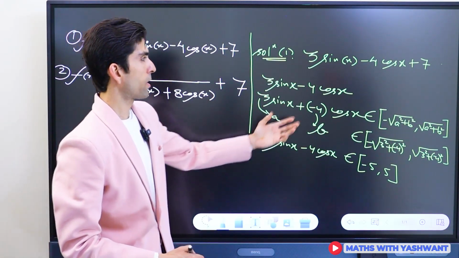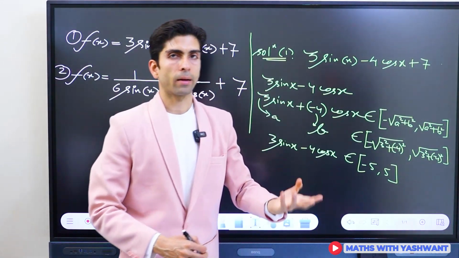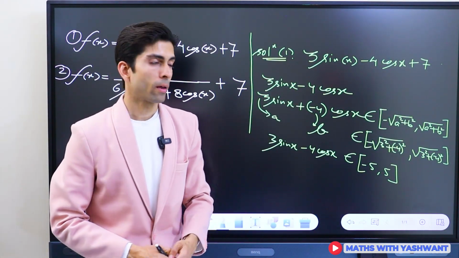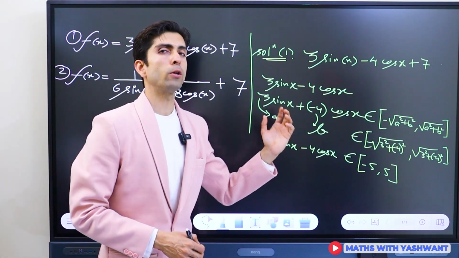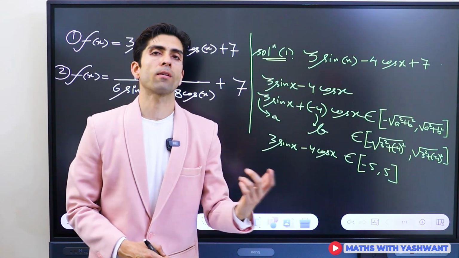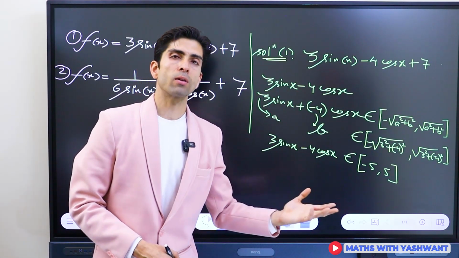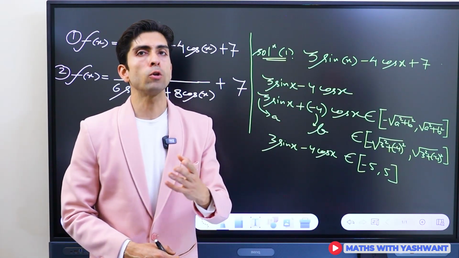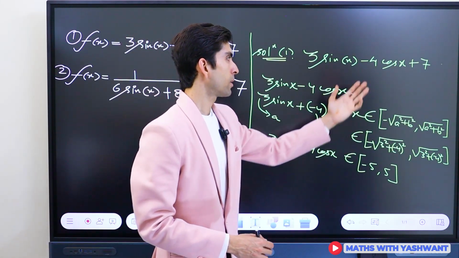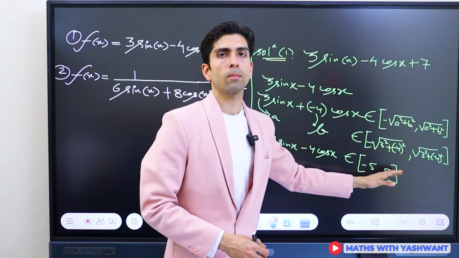And we have to add a constant 7. In my previous videos, I have taught you that if you find a new functional expression by adding some constant value to the original functional expression, then to get the new range, you simply add that constant value to the left hand and to the right hand boundary point.